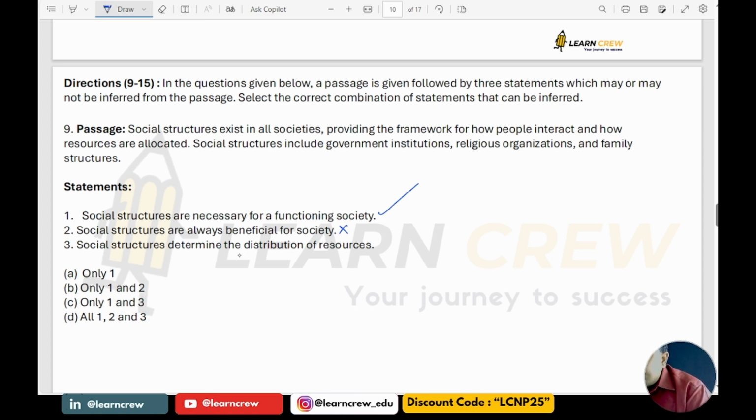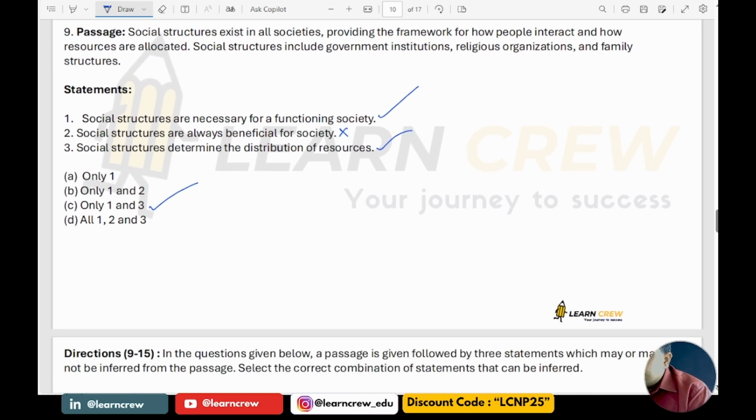Social structures determine the distribution of resources. It is supported by the passage, so the answer is both 1 and 3. So the option is C.